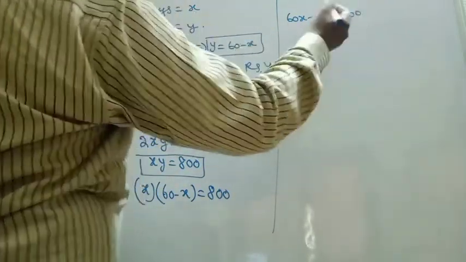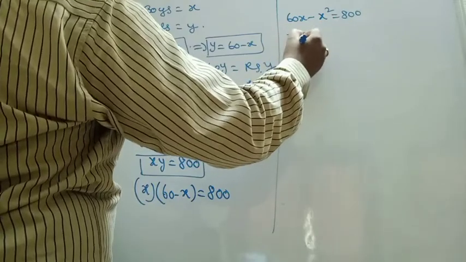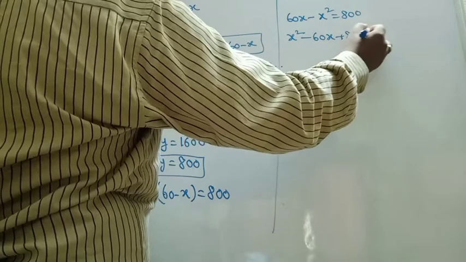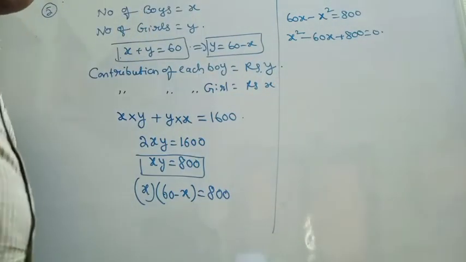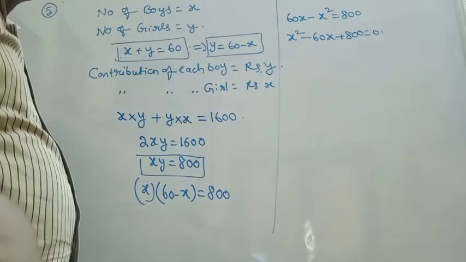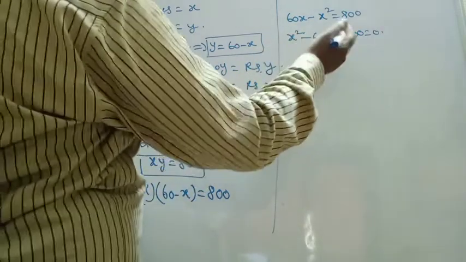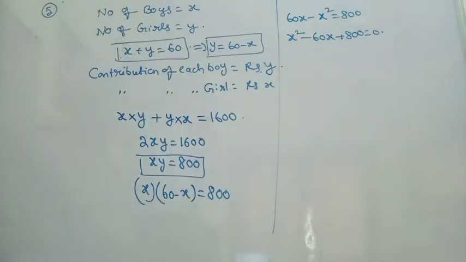Let us transfer to that side: x square minus 60x plus 800 is equal to 0. This is a nice quadratic equation. Let us solve this and try to get those values.